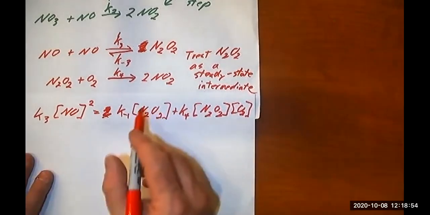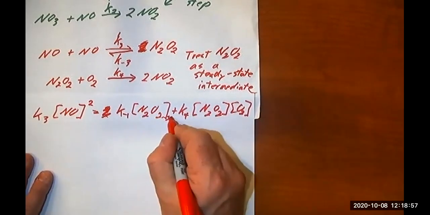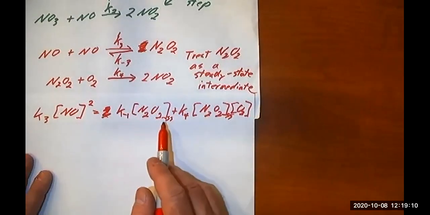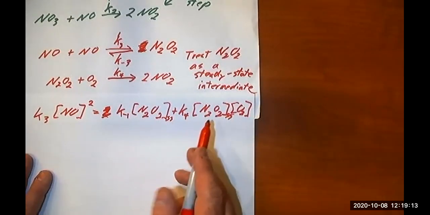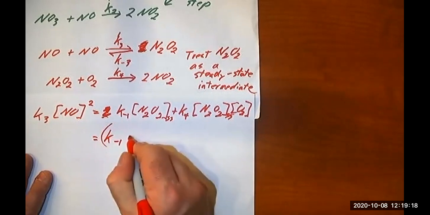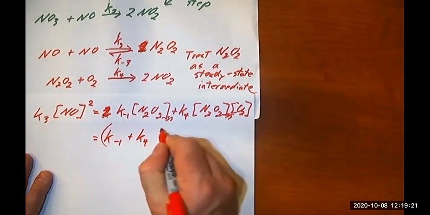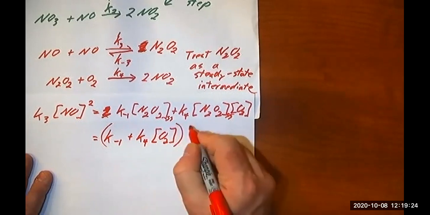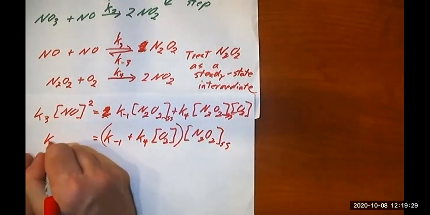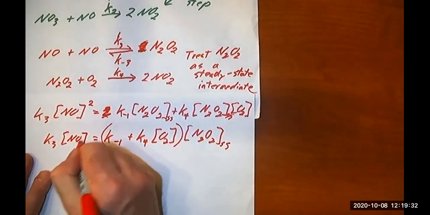Now, we are treating the N2O2 as a steady state. So just as a reminder, I'm going to label that with a subscript SS for the steady state. And that tells us which quantity we want to be solving for. So I'm going to factor the N2O2 steady state concentration out on the right-hand side. So we have k minus 1 plus k4 concentration of oxygen times N2O2 steady state is our k3 NO squared.